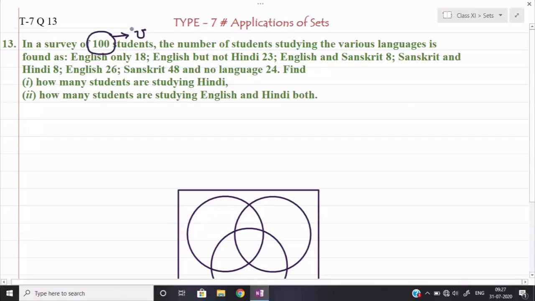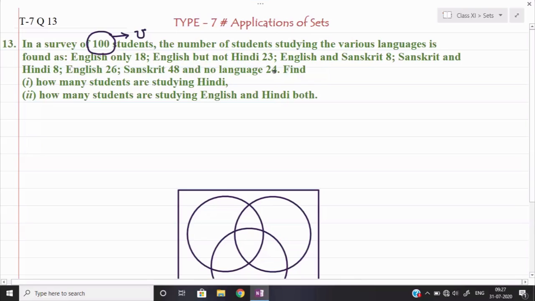Because I have been given the value 24, which says that some students are not studying any of the languages, the universal set is 100.